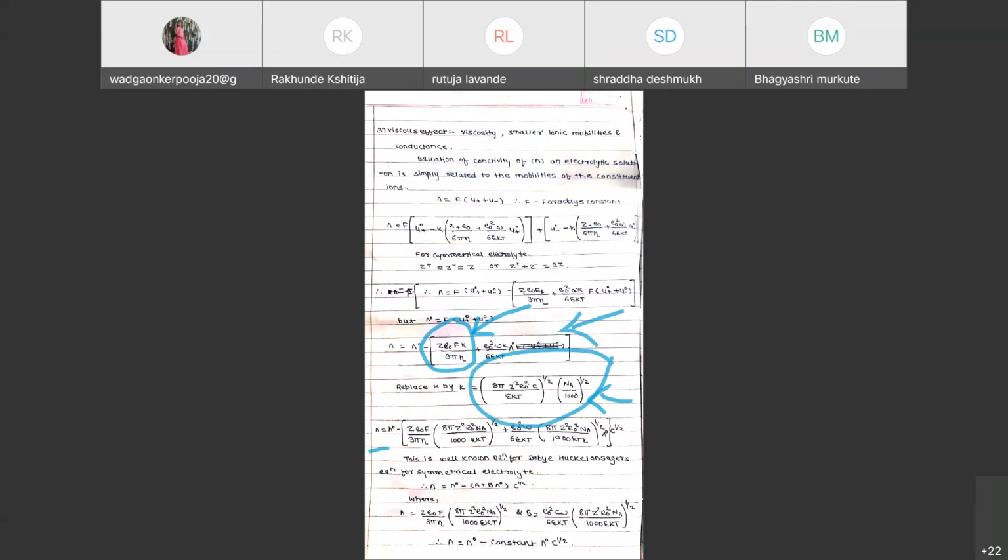Now lambda is equal to lambda naught minus whatever the values are there, z as it is, e0 as it is, f as it is. Instead of k, you have to write all this stuff, and upon 3 pi eta.